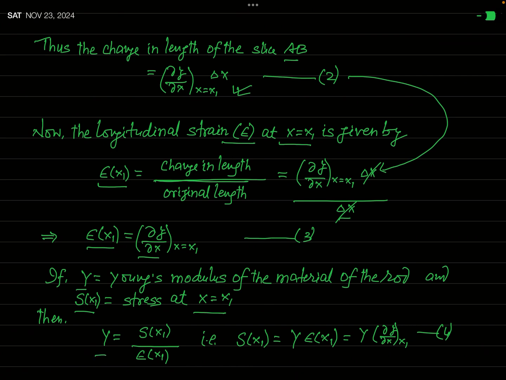So Y will be given by S of x1 divided by epsilon of x1, and therefore S is equal to Y times epsilon. But you have seen that epsilon, the longitudinal strain, is equal to del y by del x at x equal to x1.